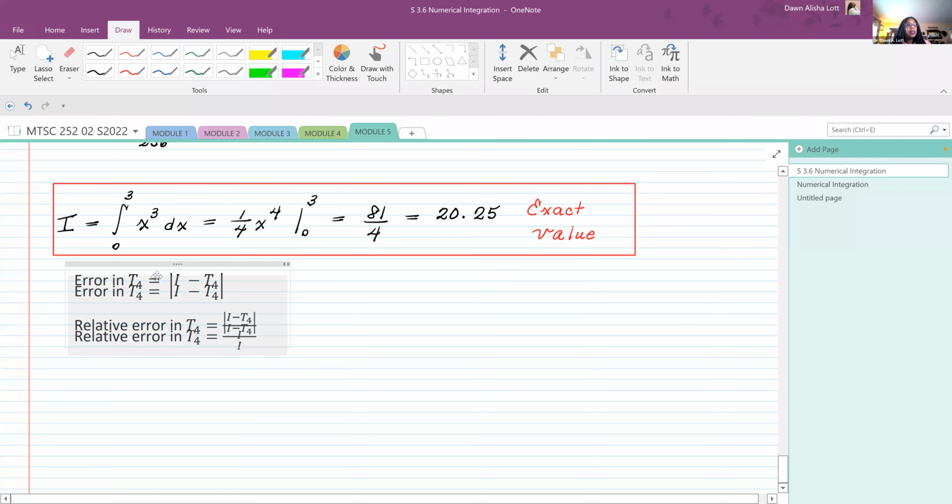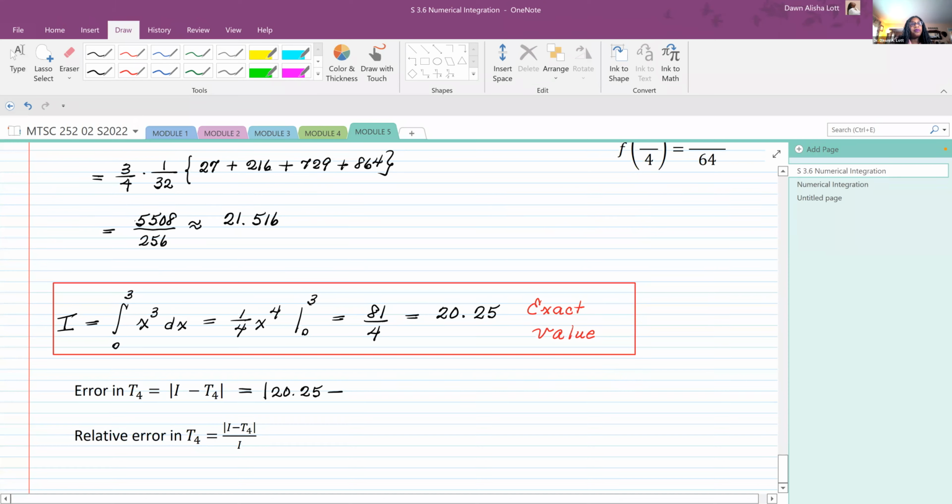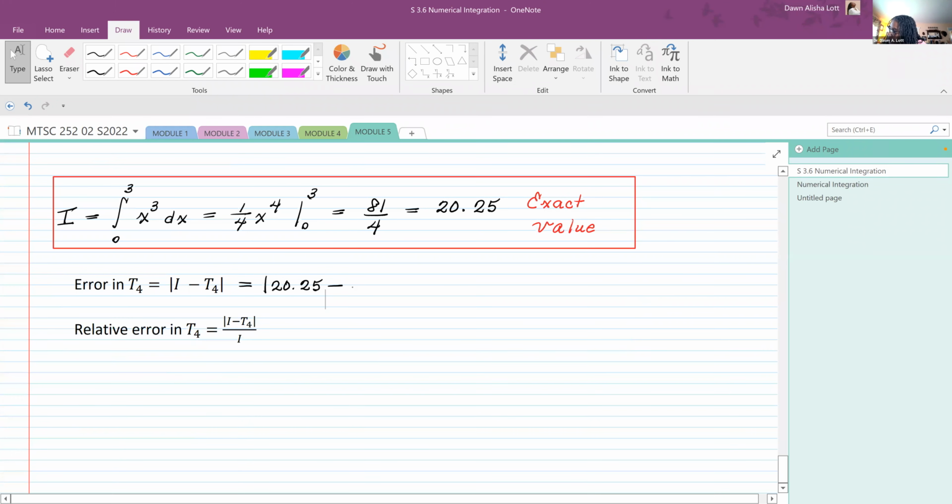Okay, so the error in this trapezoidal rule T4 says take the absolute value of the true integral, which is 20.25, subtract the approximate T4, 21.516. And you get 1.266. Okay.